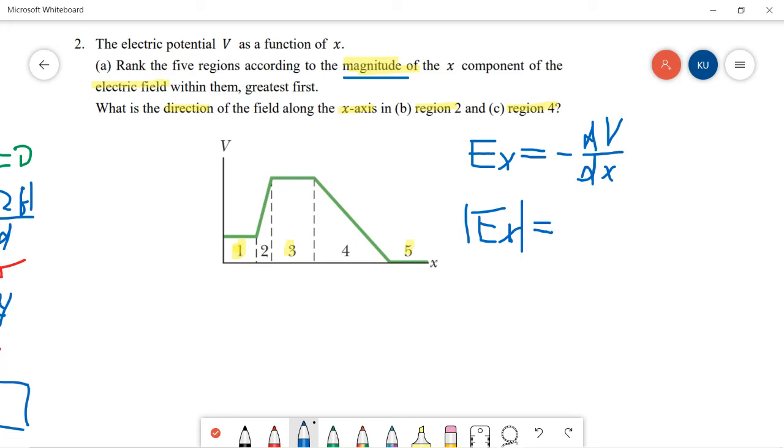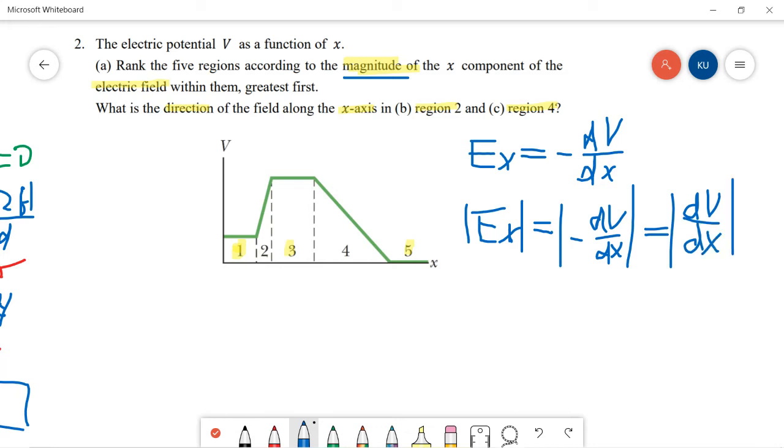So when we consider the magnitude of the x component, it will be something like this, or it would be equal to this. So we need to consider the slope in this graph in different regions.